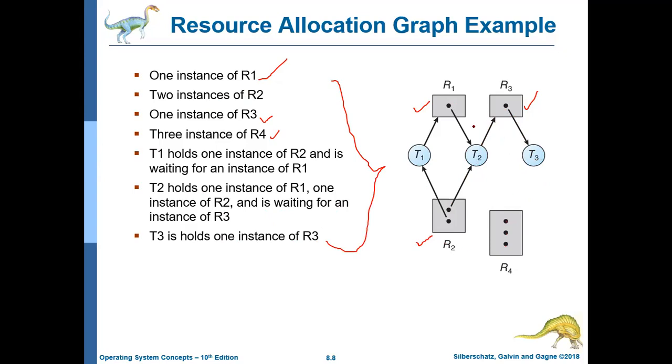Now, how can you determine whether this condition is a deadlock situation or not? Now we need to check in this graph whether we have a cycle or not.